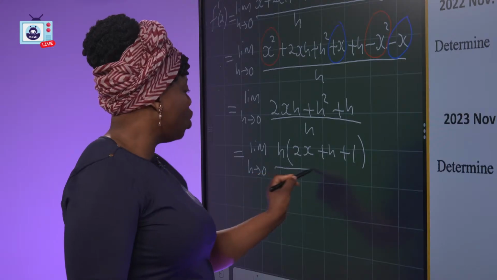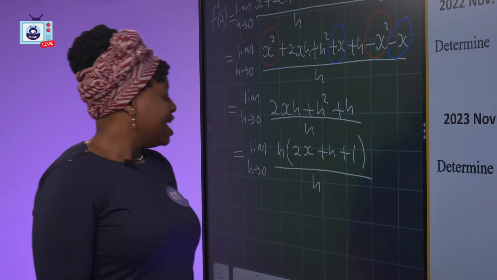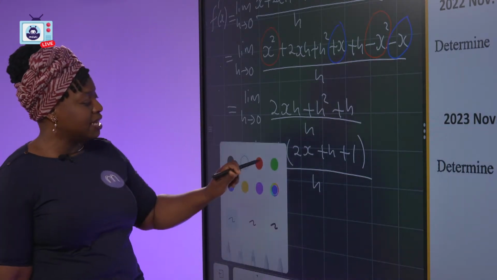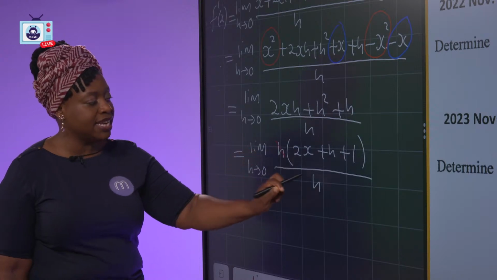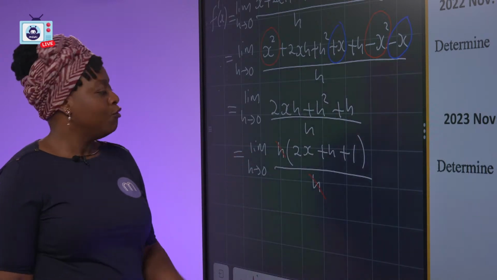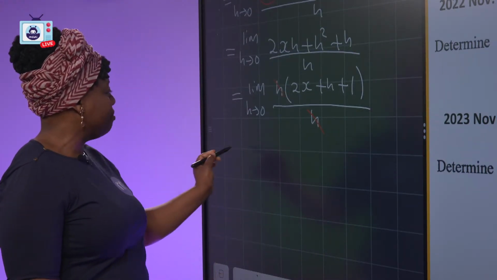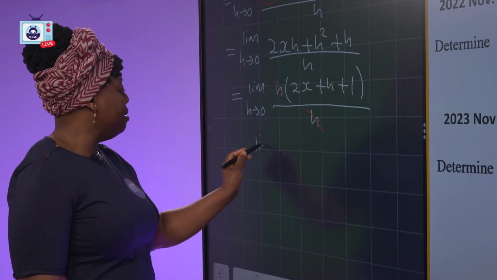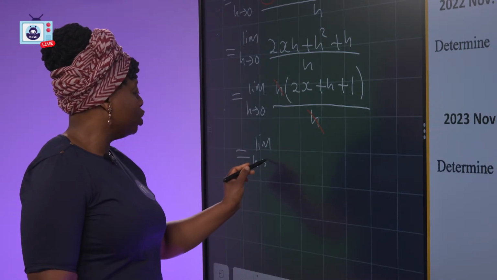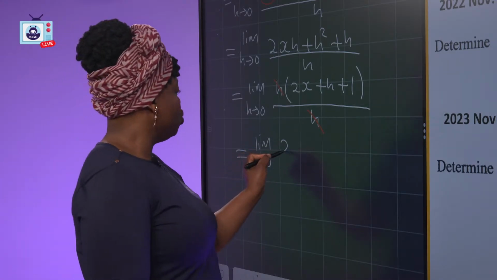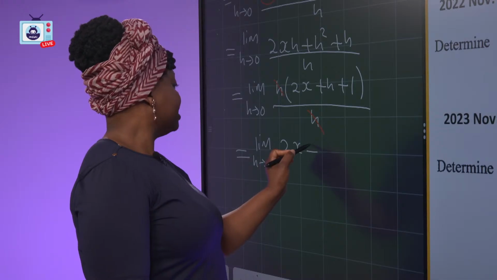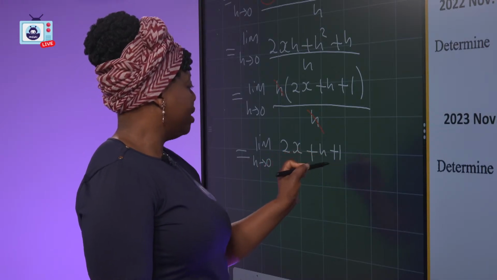Then we divide all that by h. The h that is outside with the h at the denominator will then divide for us to have 1. So let's copy what is remaining. We have the limit as h approaches 0 of 2x plus h plus 1.